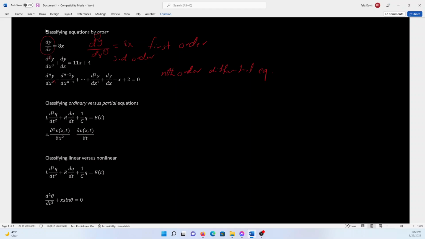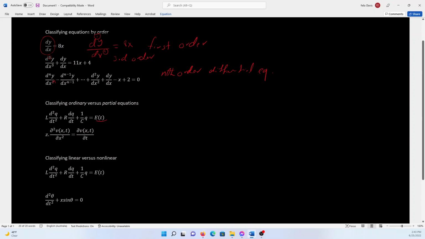So now we get to the next section, which is classifying the equations as ordinary versus partial equations. Imagine you have an equation like this, and let's say this equation is the electromotive force.